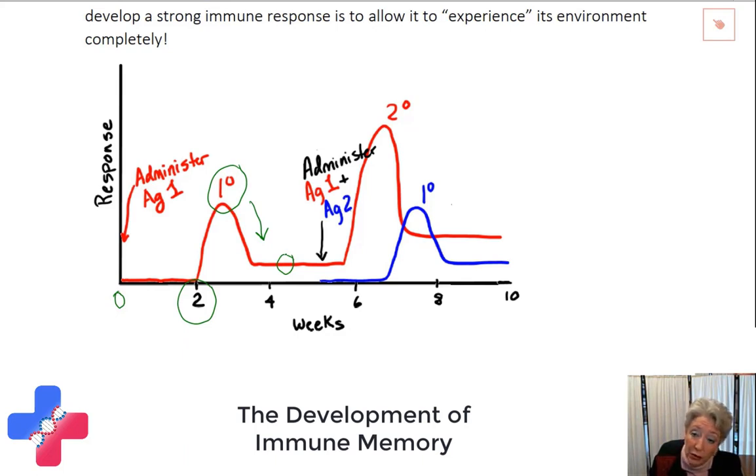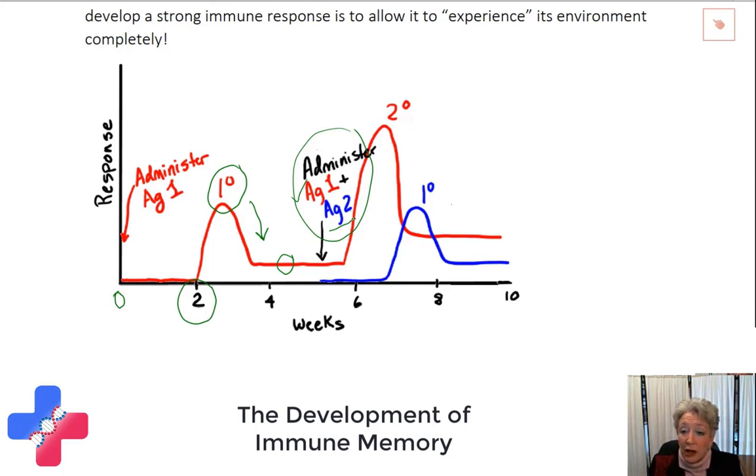Now, if I follow that initial administration with the administration of another set of molecules, one a repetition of the first one, but a second being something that the body has not seen before, realize that these responses are independent of one another.